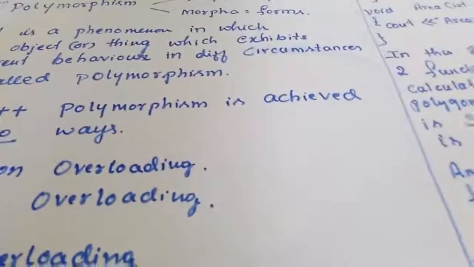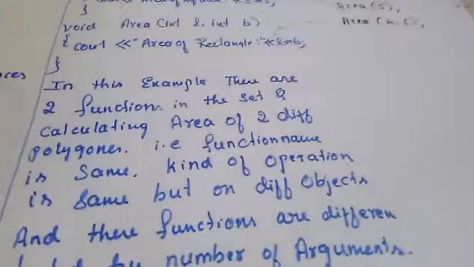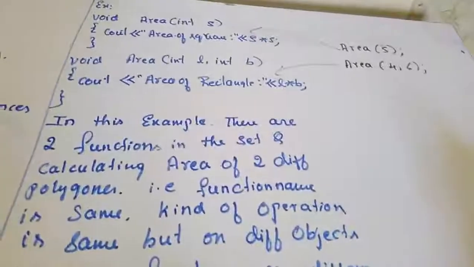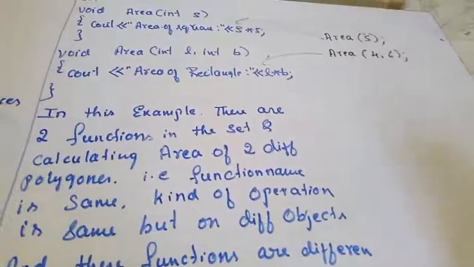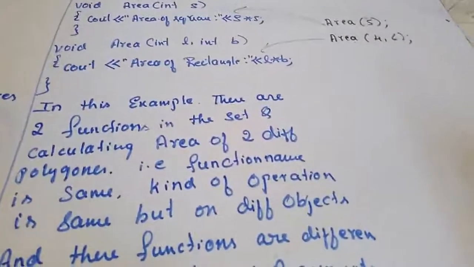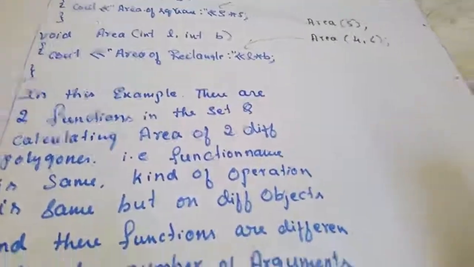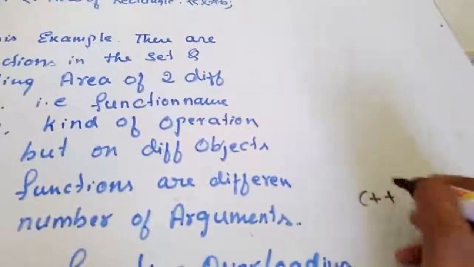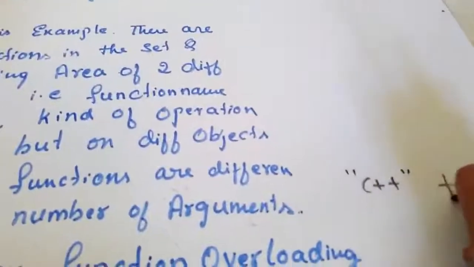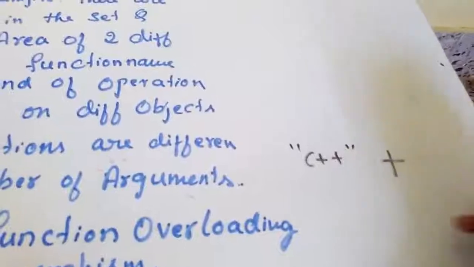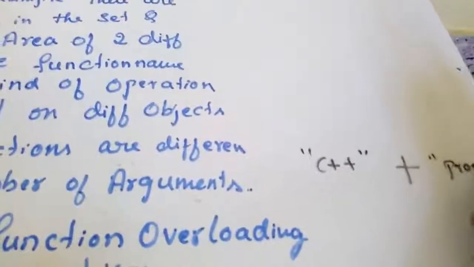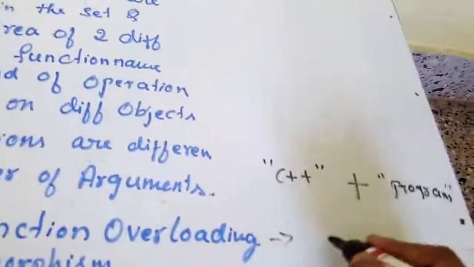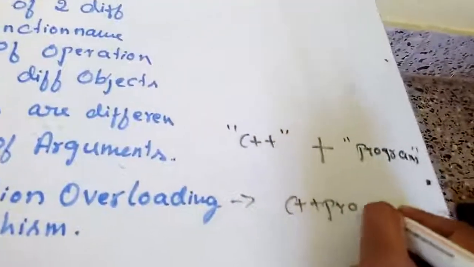Now, leave aside how to overload that operator. There is a code for overloading. Let us assume we have already written that code and overloaded that operator. If I write "C++" in double quotes, it's a string, plus, the overloaded operator, and "program", then it returns "C++ program".